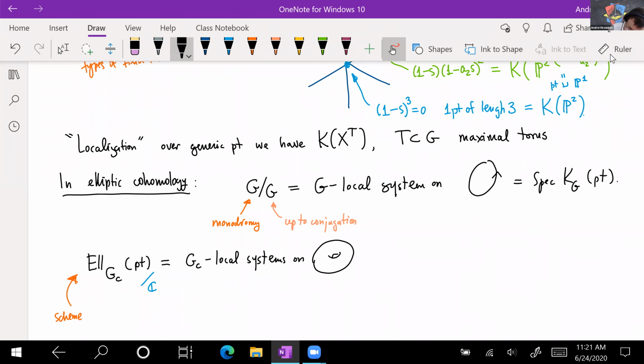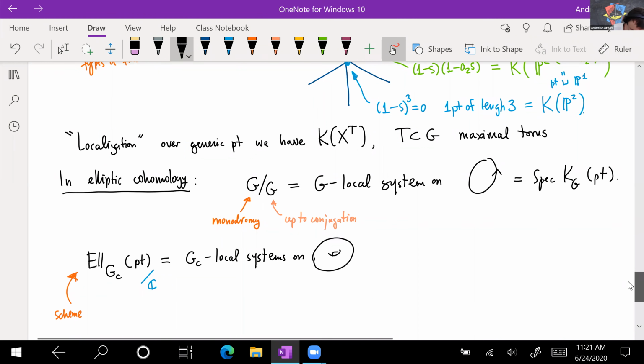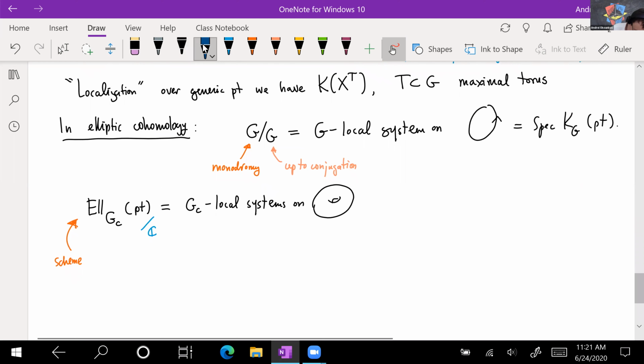But Narasimhan and Seshadri will tell us that this is, by Narasimhan and Seshadri, the same as direct sums of stable G bundles.